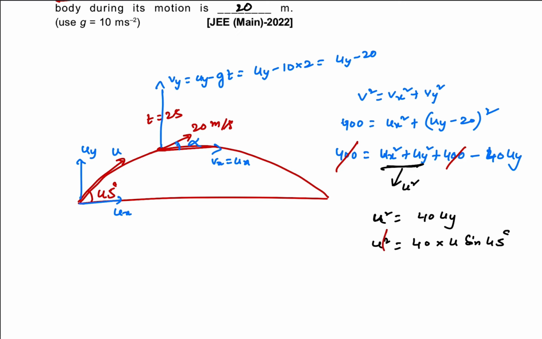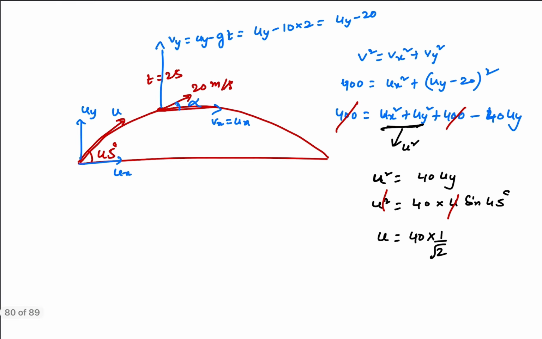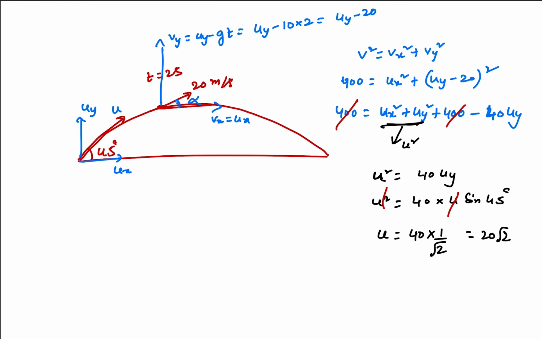Now u gets cancelled once, so u is equal to 40 into 1 by root 2. Now you get u as 20 root 2. If u is 20 root 2, Uy is 20 meters per second and Ux is also 20 meters per second.